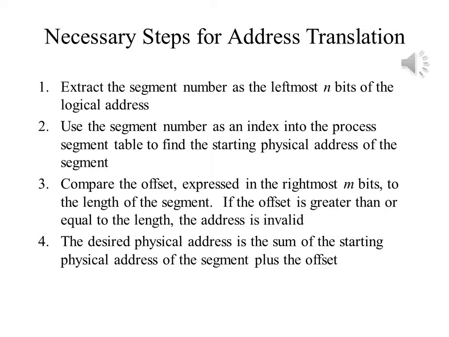Extract the segment number as the leftmost n bits of the logical address. Use the segment number as an index into the process segment table to find the starting physical address of the segment. Compare the offset expressed in the rightmost m bits to the length of the segment. If the offset is greater than or equal to the length, the address is invalid. The desired physical address is the sum of the starting address of the segment plus the offset.